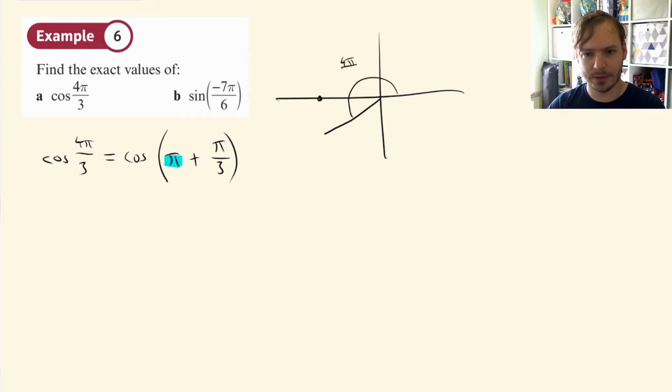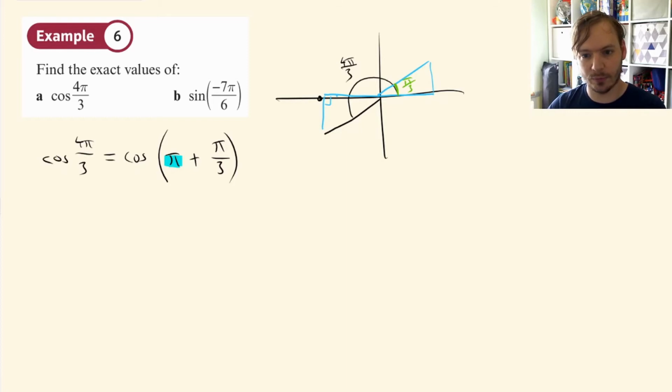This is 4/3 pi. Cos is the horizontal, so this is the guy we care about, which means what we really care about is the equivalent over here. These have the same cos value, and because this is pi plus 1/3 of pi, that means this angle is 1/3 of pi.